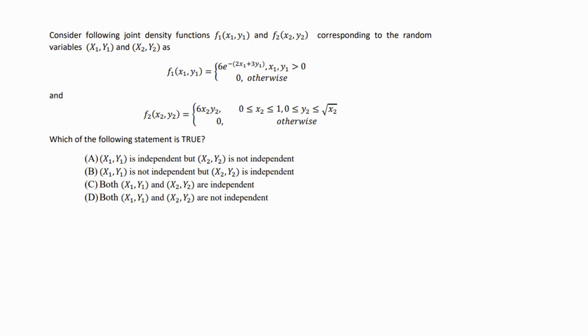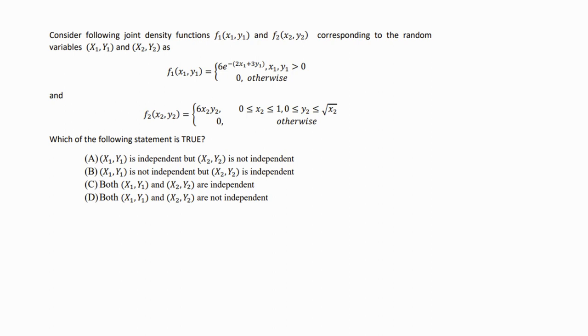Okay. So next question: consider two joint density functions f1 and f2 corresponding to the random variables x1, y1 and x2, y2 as this. Which of the following is true? You have two distributions, so just check with the first one.